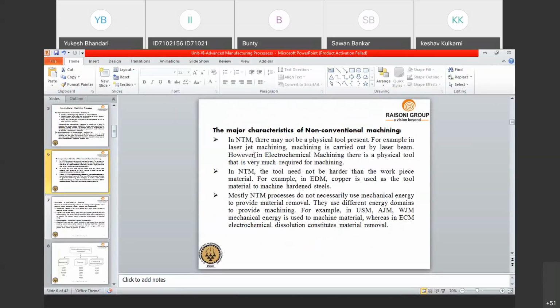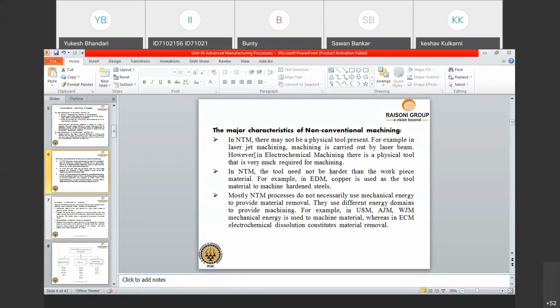What are the other major characteristics? In short, we will call the non-traditional or non-conventional machining process NTM. Remember that. In NTM, there may not be a physical tool present.